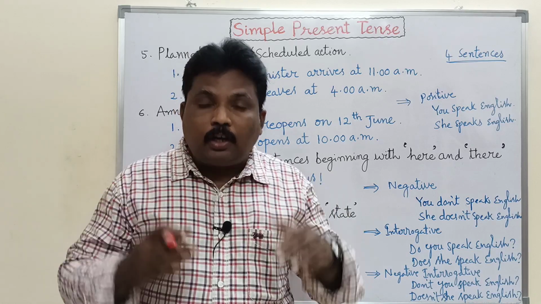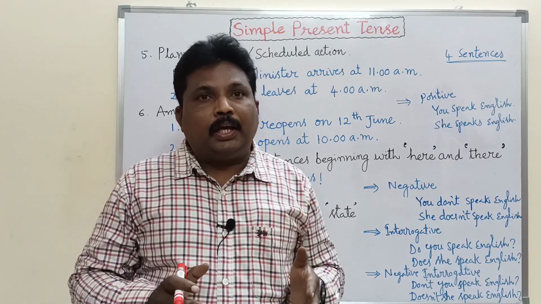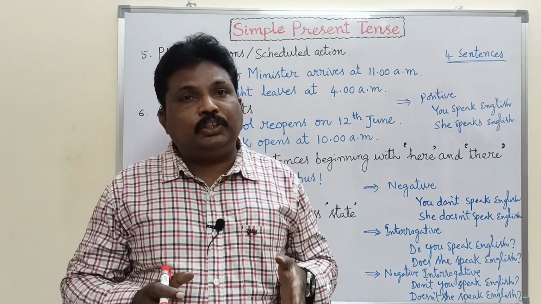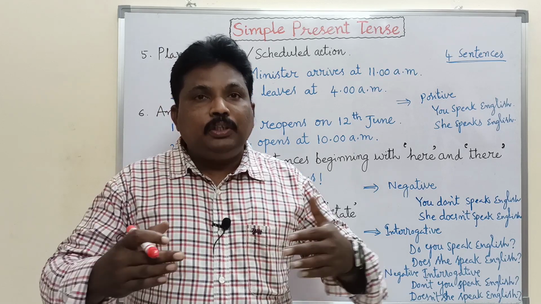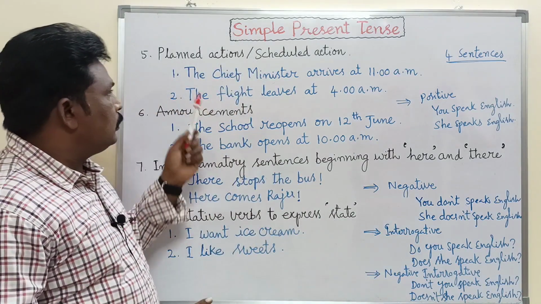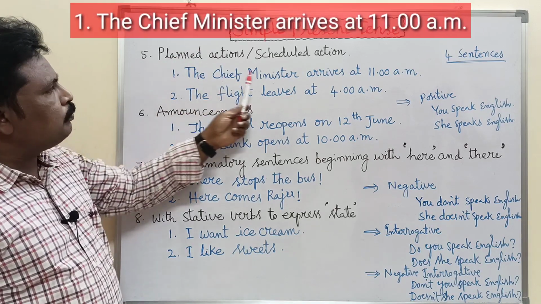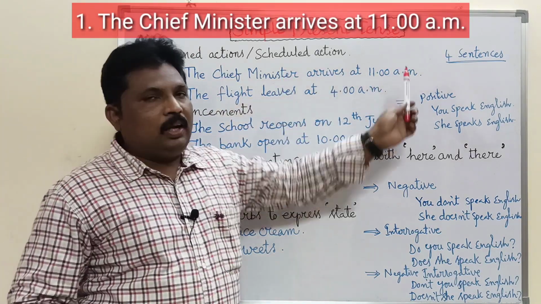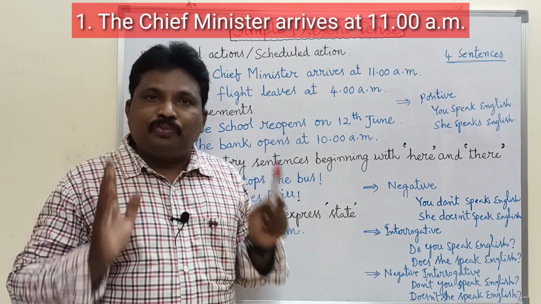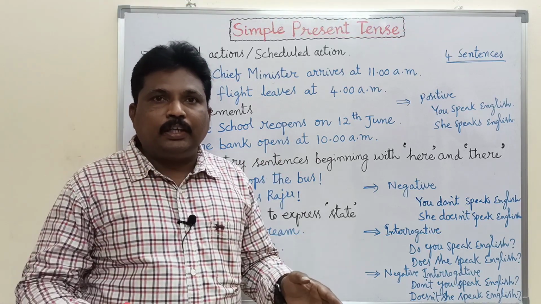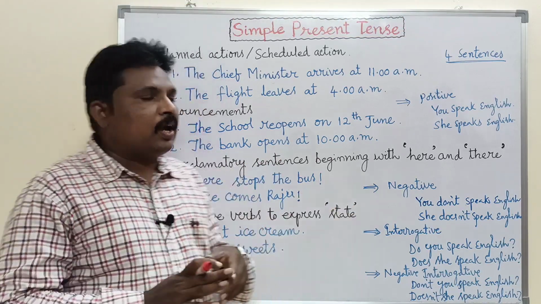So whenever we talk about planned actions or scheduled actions or near future actions, then simple present tense is used. For example, the chief minister arrives at 11 a.m. This is a scheduled action, this is a near future action.